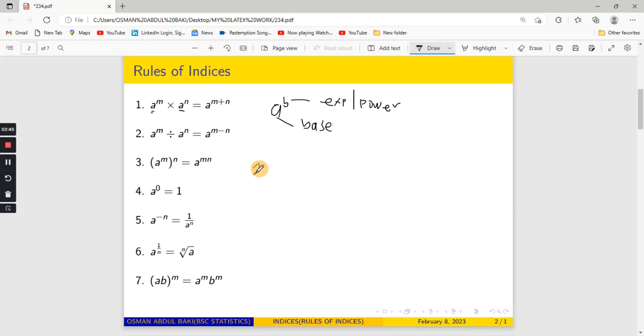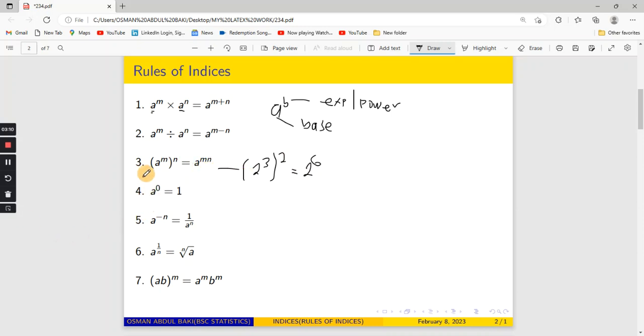So imagine we have 2 raised to the power 3, all raised to the power 2. It's just a matter of multiplying 3 times 2. So it's the same as 2 to the power 6. You multiply 3 times 2 to get 6.